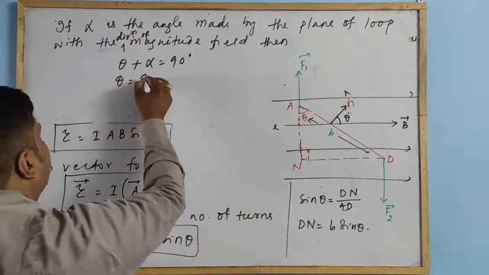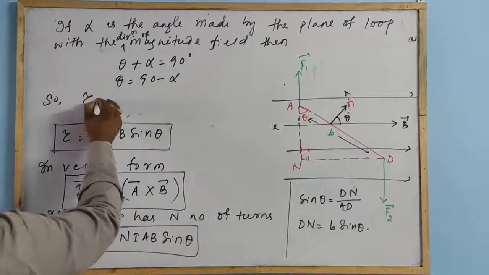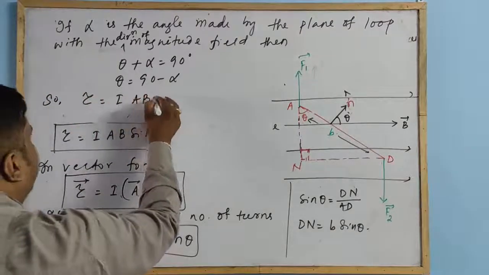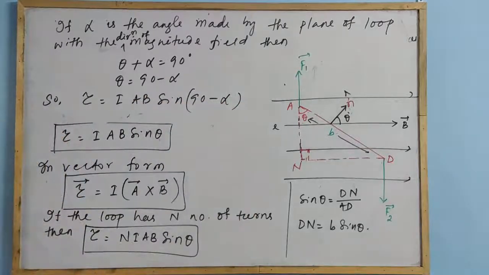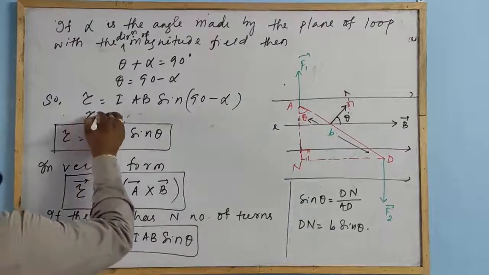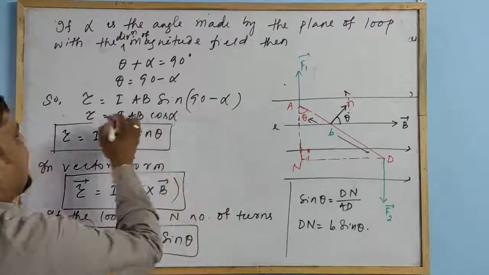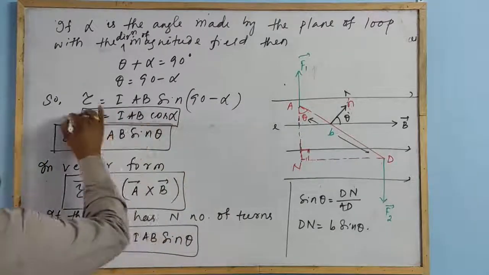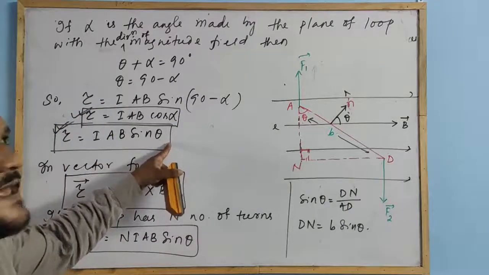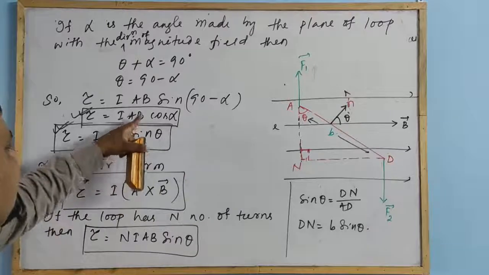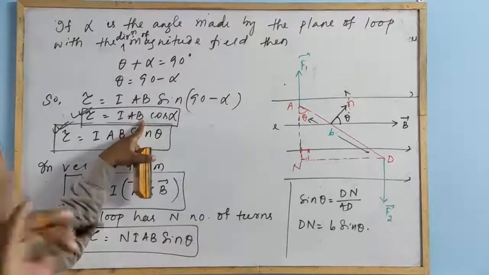So theta is equal to 90 minus alpha. So tau is equal to I A B sin of 90 minus alpha. Then the equation changes to tau is equal to I A B cos alpha. Remember these two differences. Here theta means the angle between the area vector and magnetic field. Here alpha is the angle between the plane of the loop and the magnetic field. That is the difference. Clear?